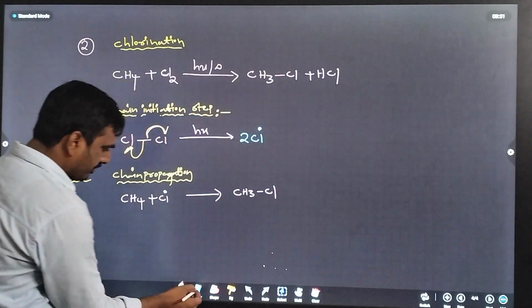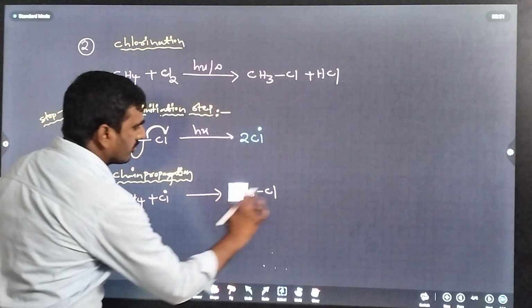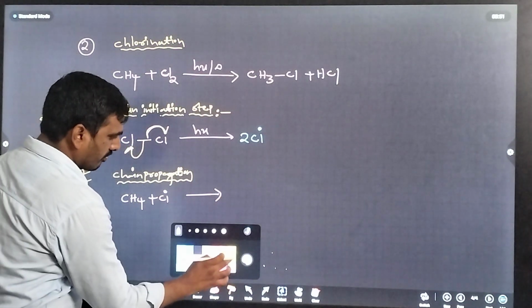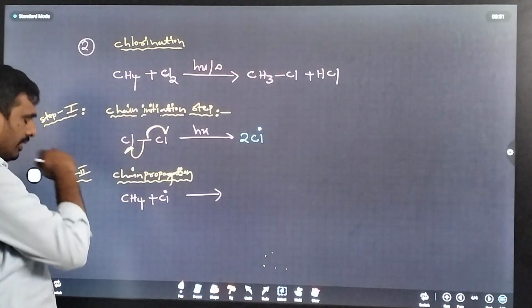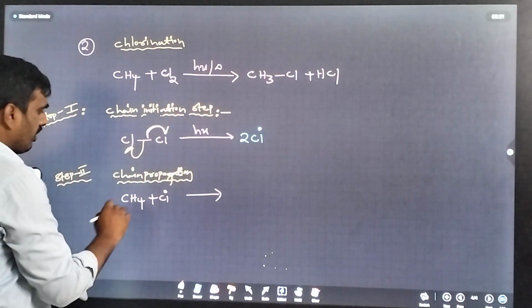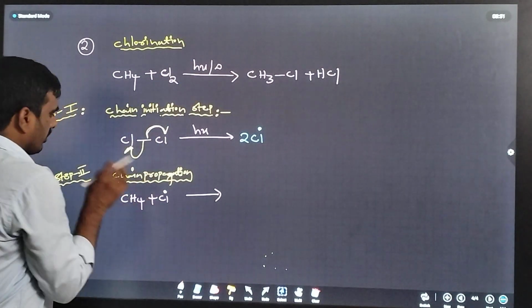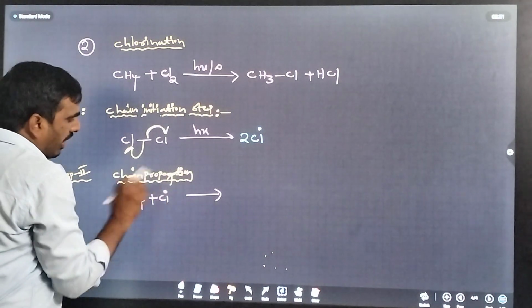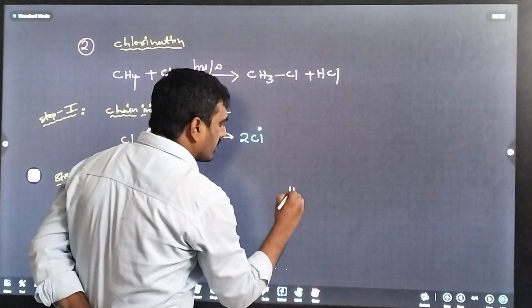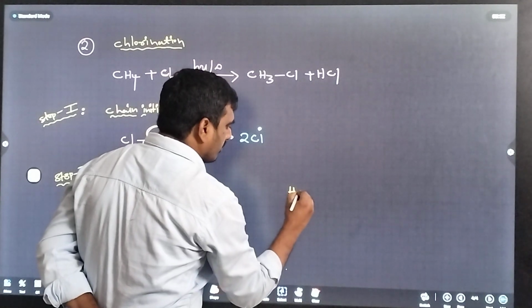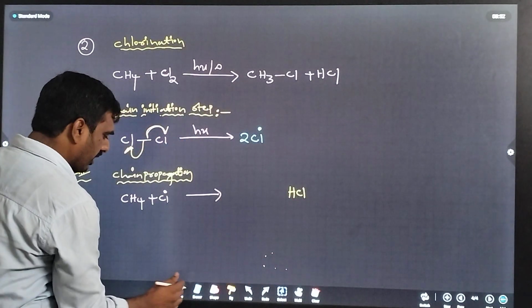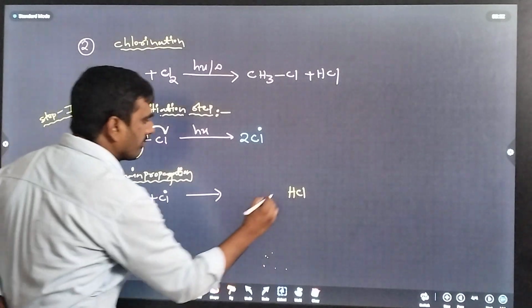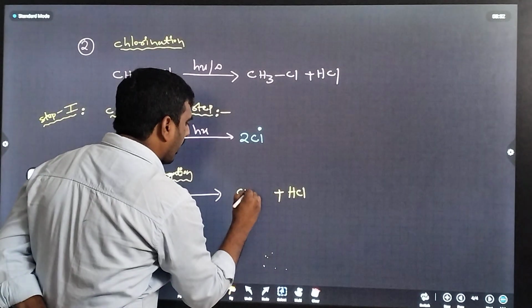Here one hydrogen binds with the chlorine, so we get HCl and a methyl radical.